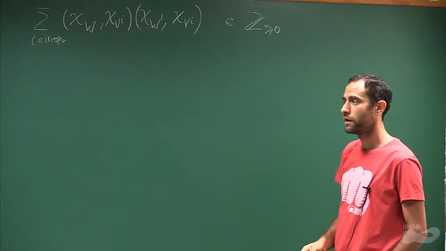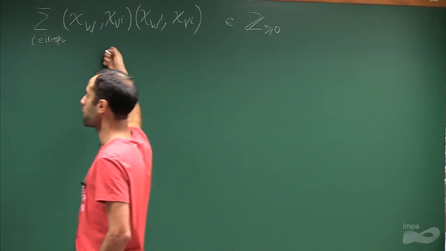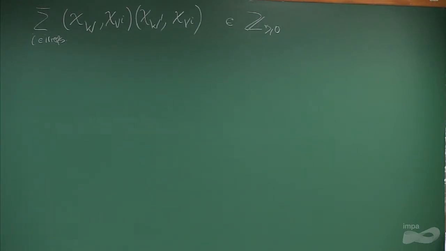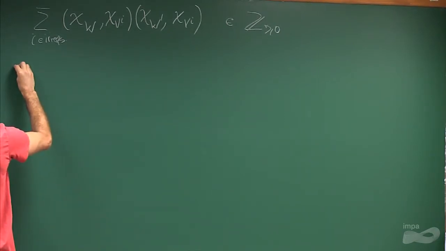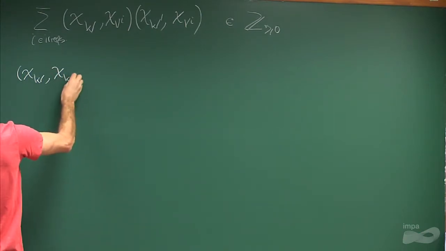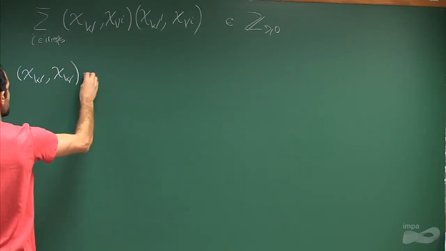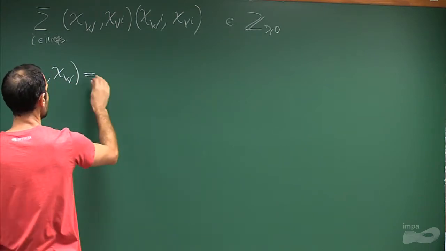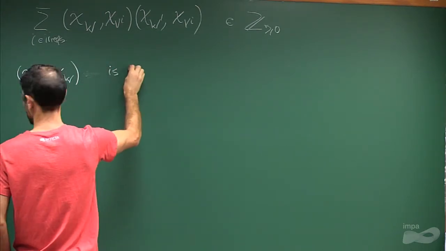And moreover, this number is a sum of non-negative integer numbers. And in particular, the character of W, inner product with the character of W, is a sum of squares.